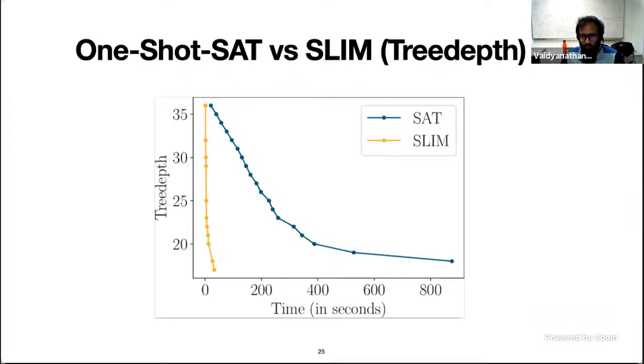The Slim version was much better, and the only drawback here being that we have no guarantee of optimality. Apart from that, we realize that the performance of the Slim version is much better because it's able to break up the problem into individual chunks and really focus on these smaller local chunks.